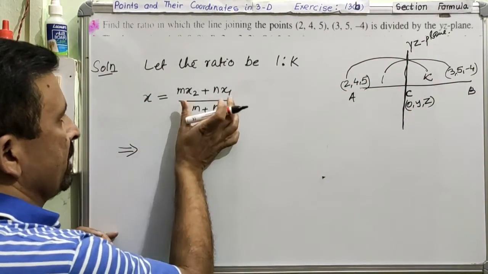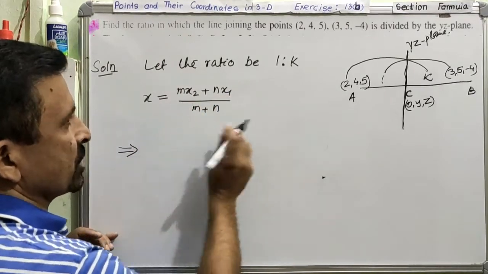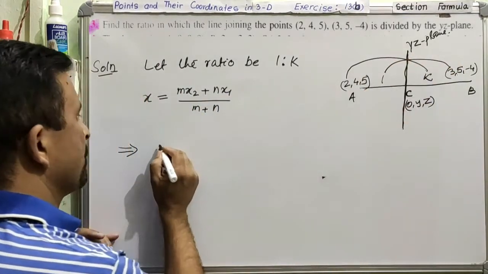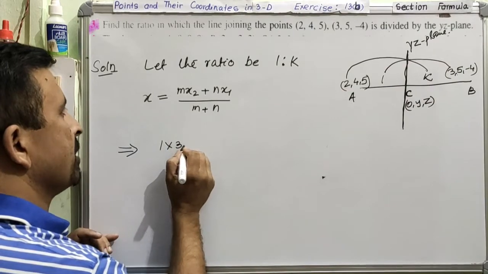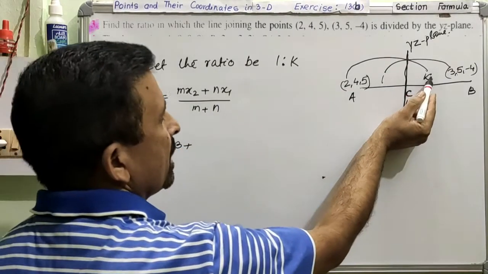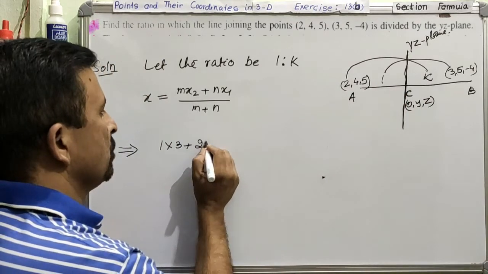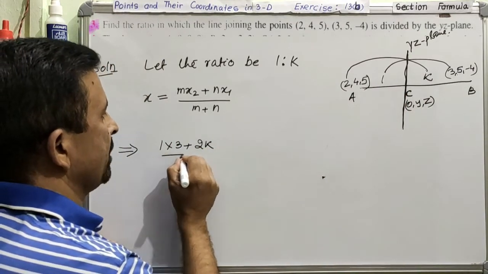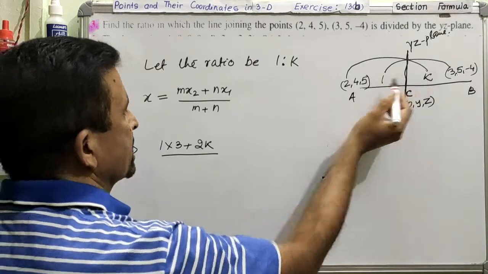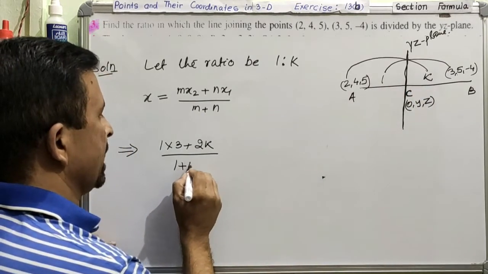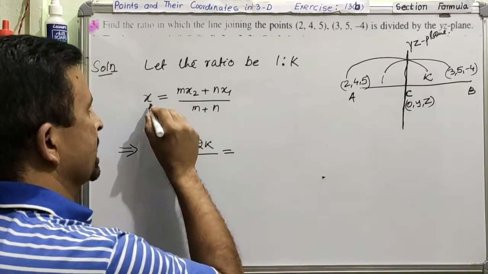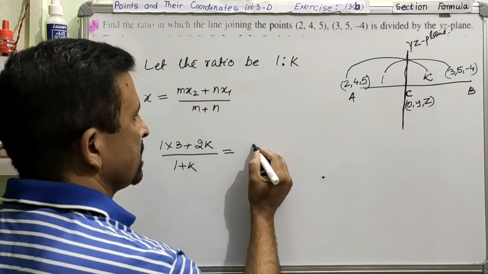What we can do is, I will write this on the left hand side. So mx2, that means 1 into 3, 1 into 3 plus k into 2, that is 2k, divided by 1 plus k is equal to x, and your x is equal to how much? 0.